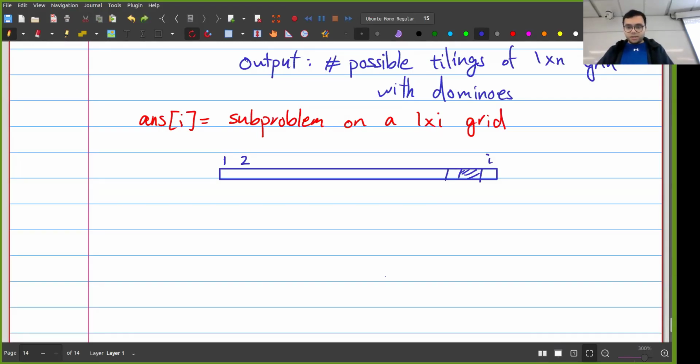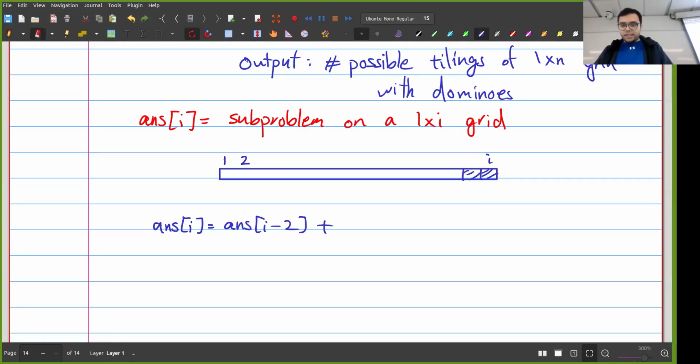Right? So based on this, I can say that ans I is equal to, well, the first case was that I covered this one and this one. So I have I minus 2 remaining places. I can decide how to cover them up. So this is just ans of I minus 2 plus. The second case was that I let this one be empty and I cover these two.